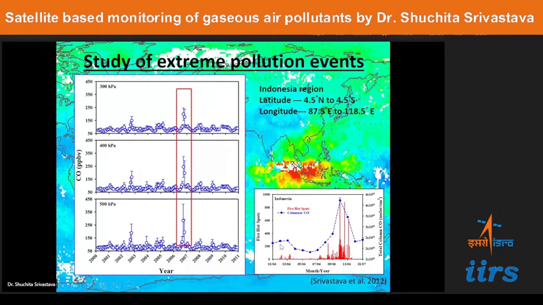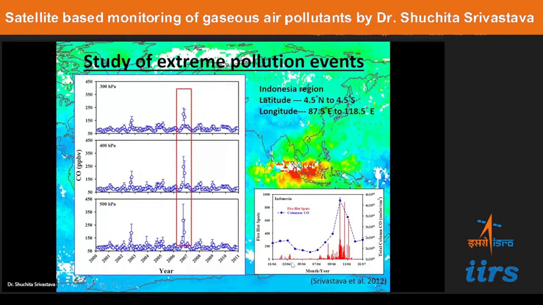Here you can see fire hotspots by red lines, and these are the fire events identified by satellite over this region. The blue curve shows the columnar CO over this box, made by this latitude and longitude. Over this region we calculated the total fire hotspots, meaning locations where fire is ongoing during this period.